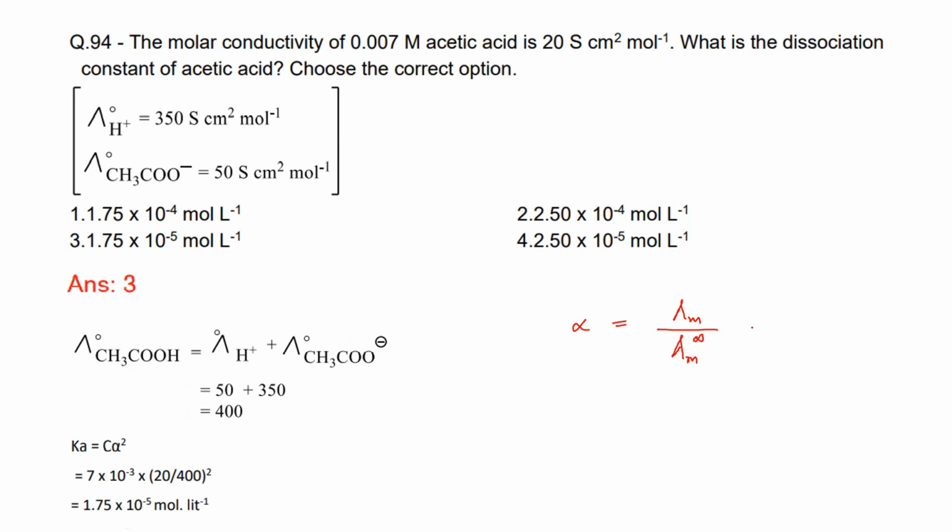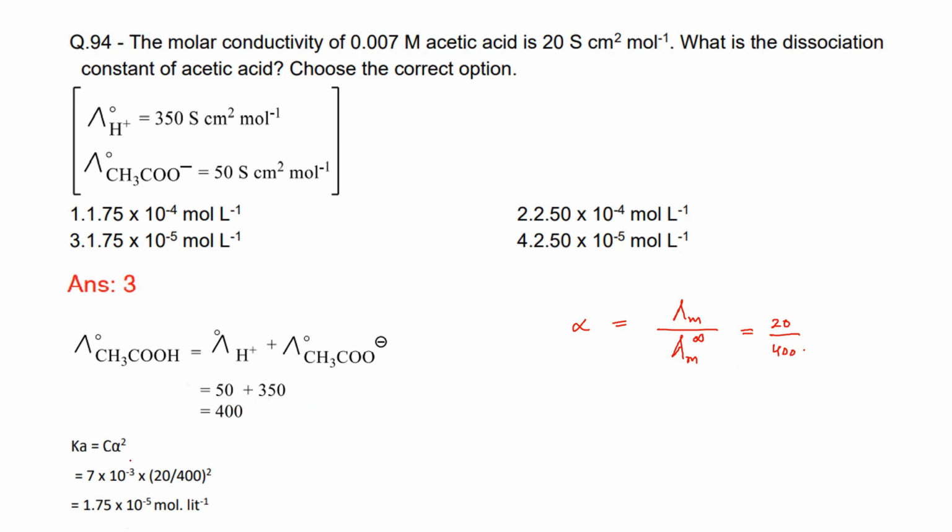Okay, so that is given already. 20 is the molar conductance at the given concentration, and the molar conductance at infinite dilution we are calculating, that is 400. So this will be the alpha value. So just substitute it, and the concentration is also mentioned already.